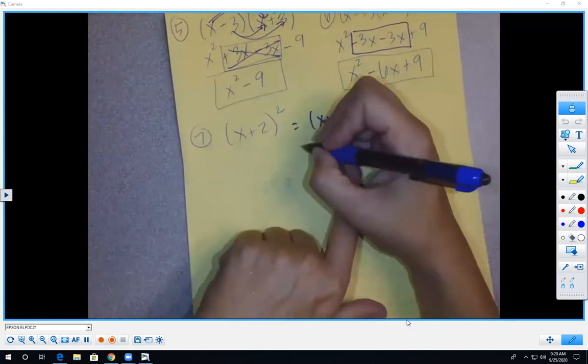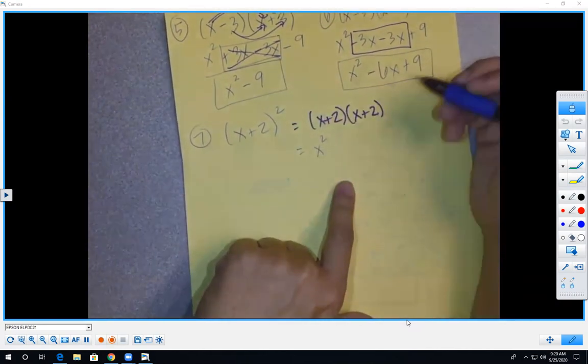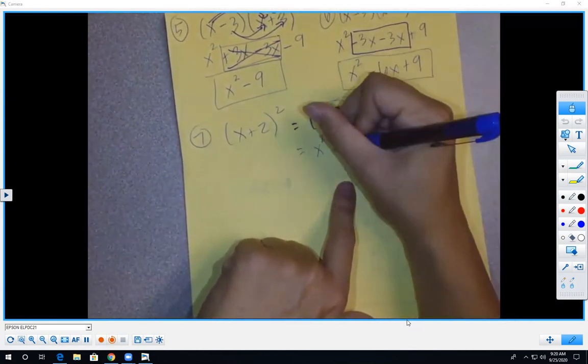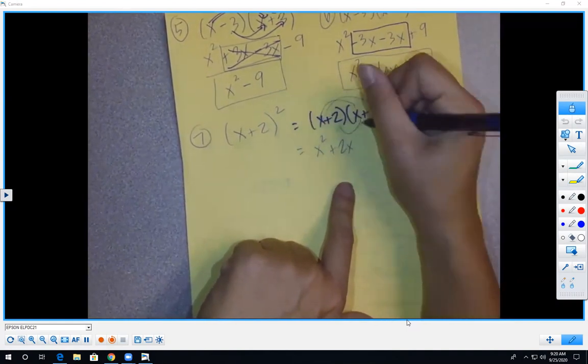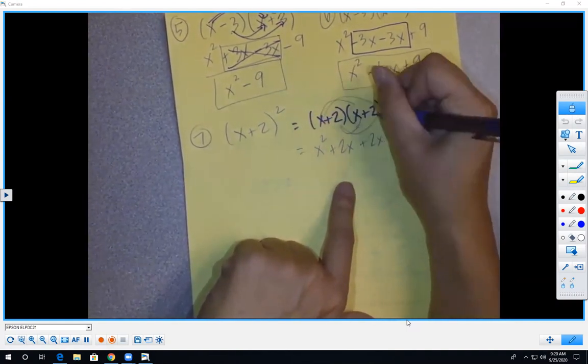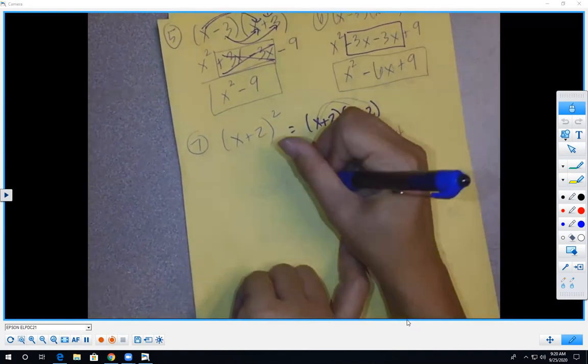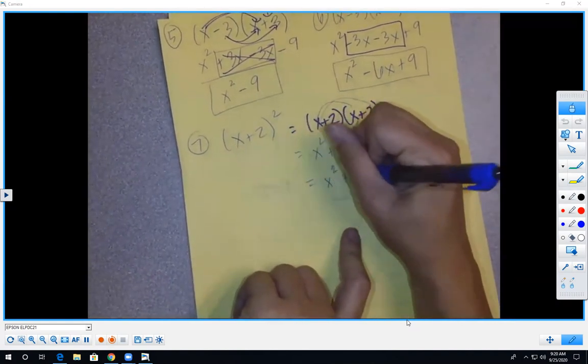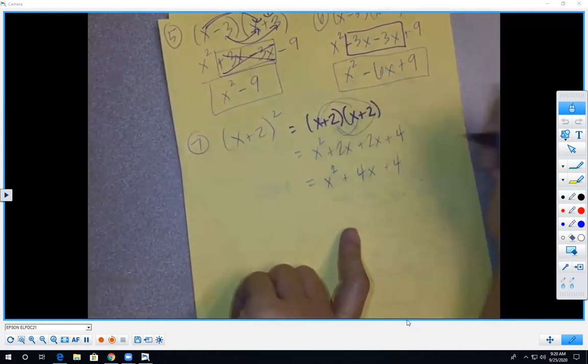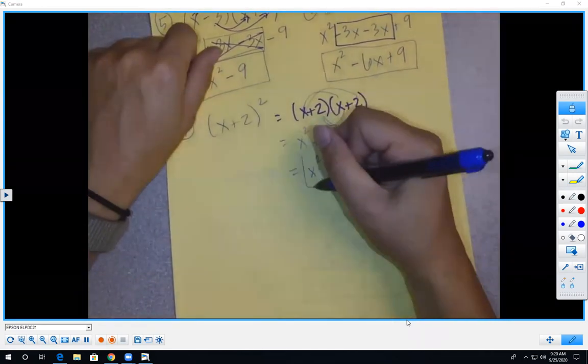So x times x is x squared. X times 2 is 2x. 2 times x is 2x, and 2 times 2 is 4. So we should get x squared plus 4x plus 4 as your answer.